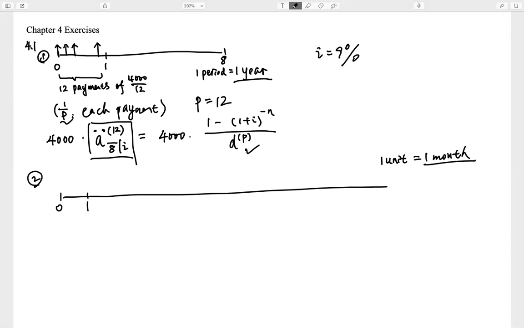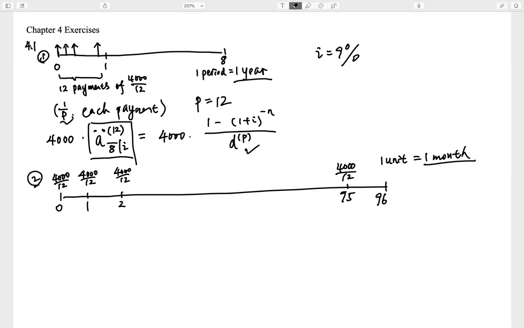Now 1 means 1 month, and the payment would be 4,000 divided by 12. In the second month, the payment is the same, and it goes on and on. There are 8 years, meaning I will have 96 payments. The first one is at the beginning, meaning my last payment will be paid at the 95th month, over the entire 8 years.